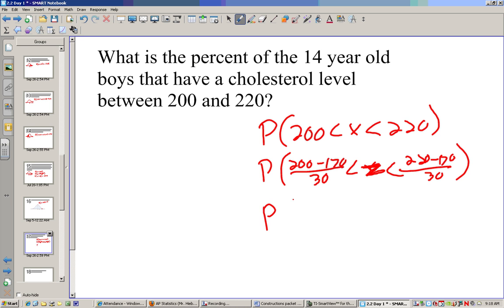This would be 30 over 30, which would be 1, and this would be 5/3. So what's the probability? It's between 1 and 5/3.